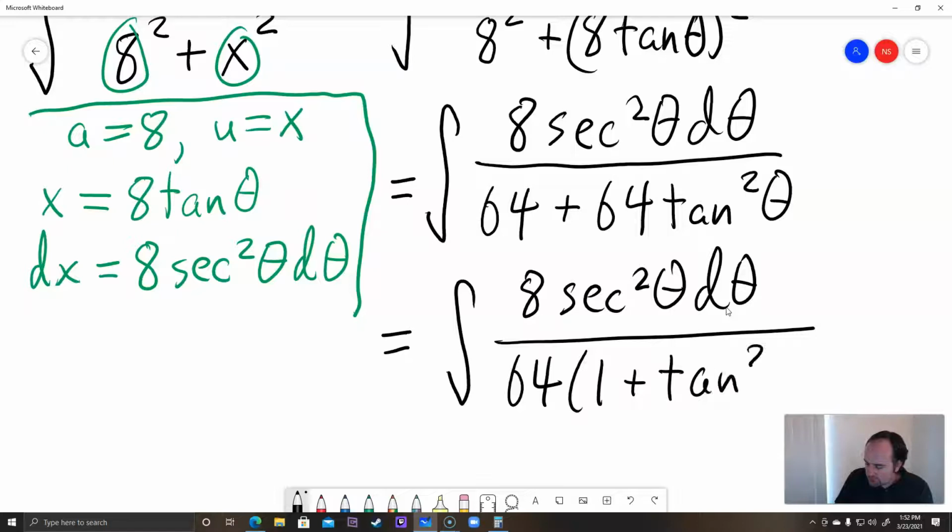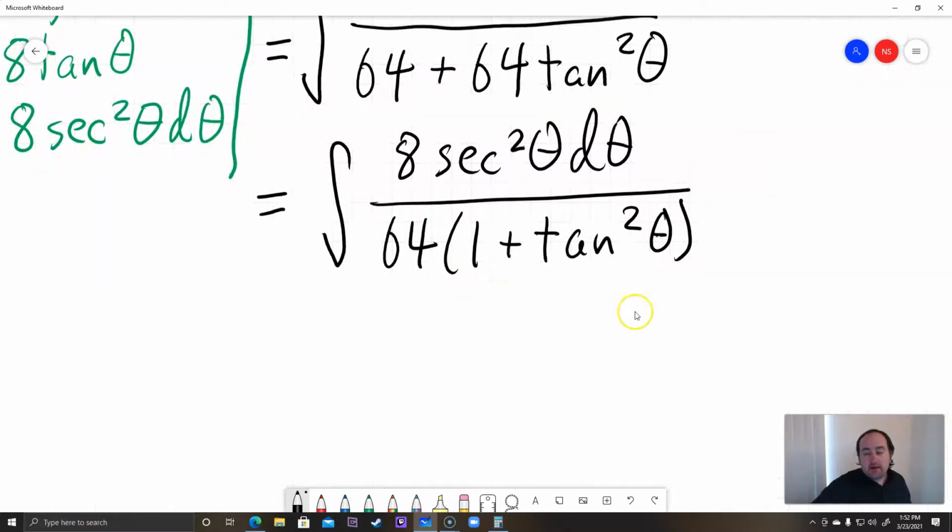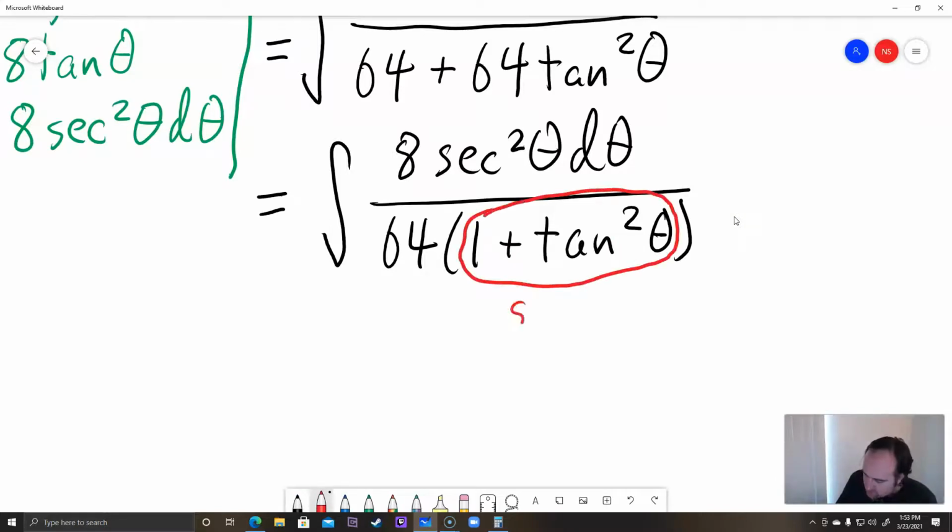Okay, and then I recognize that 1 plus tangent squared of theta is just like the last problem. We said that's the same as secant squared of theta. That's just one of your trigonometric identities from pre-calculus or trig.